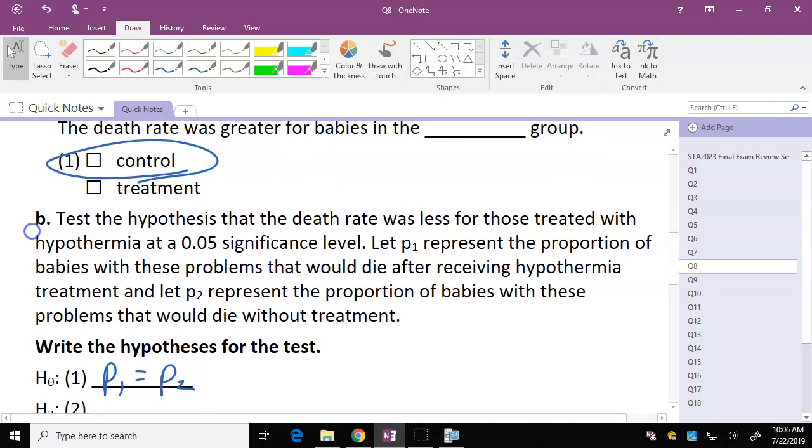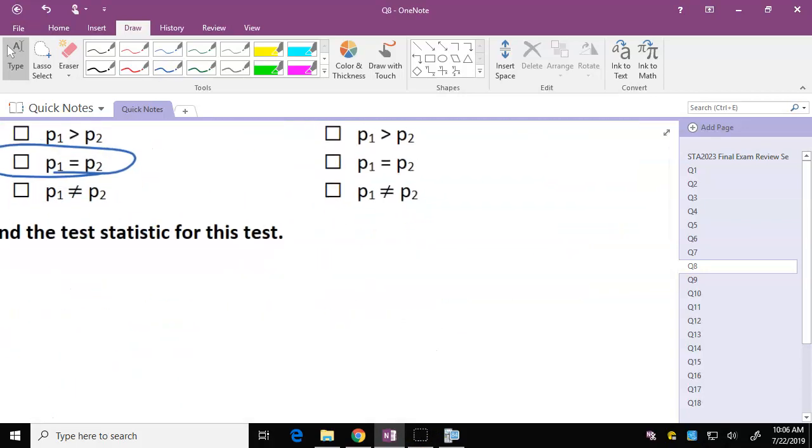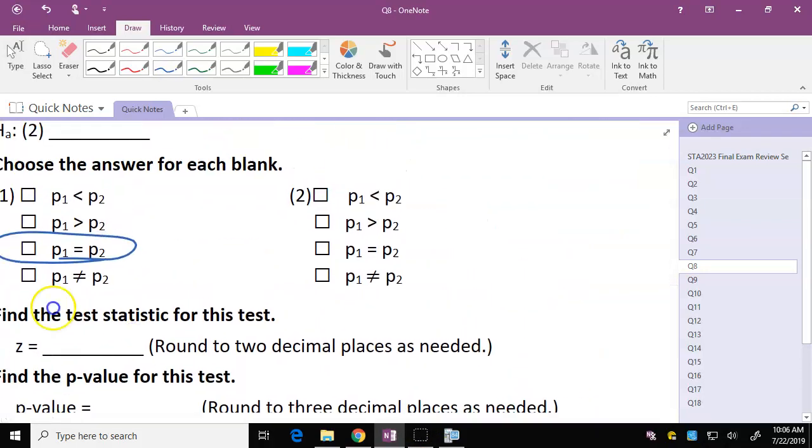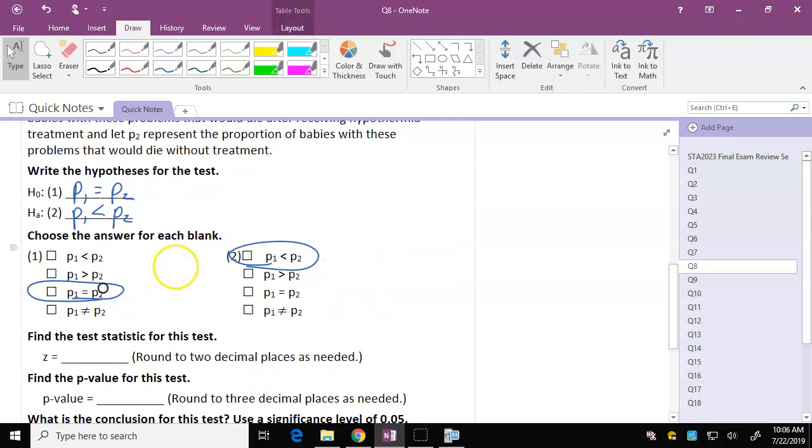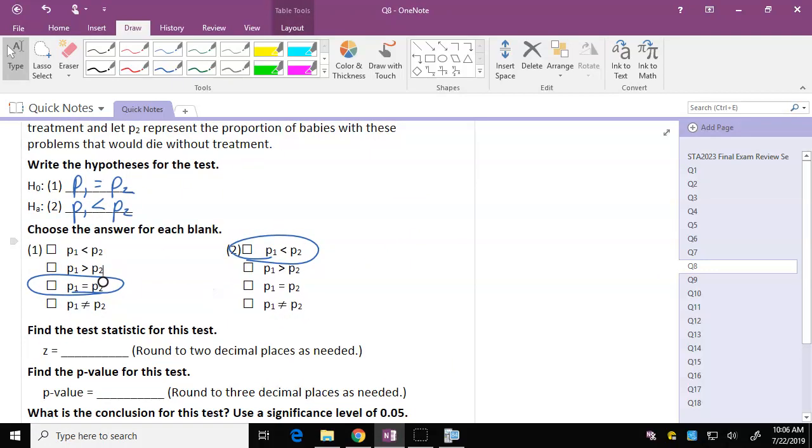Less than? How do you know? Yes. We want to see that the death rate was less. You got those key words that I told you to look out for. So absolutely, P1 less than P2. Everyone good so far?